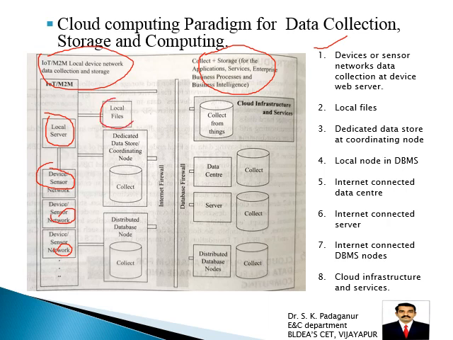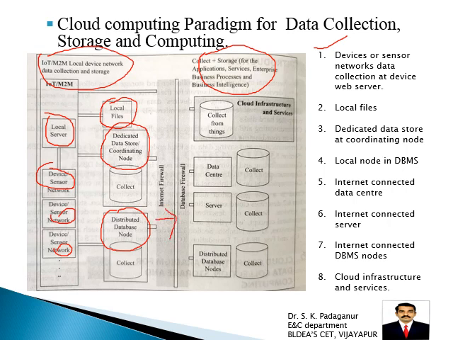Then it will store in the local files, and we have dedicated data store coordinating nodes. Then we have distributed database nodes. So there are different nodes, the coordinating nodes as well as the distributed database management system. But all these are connected to the internet.